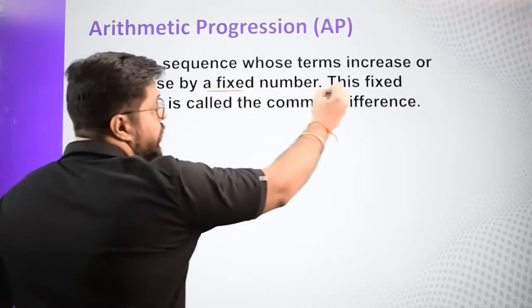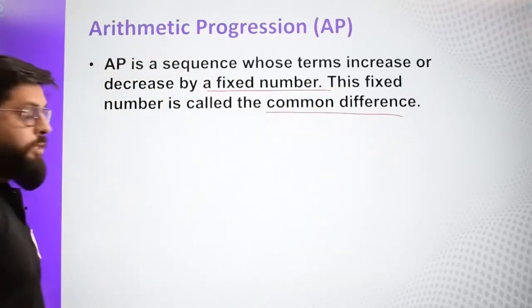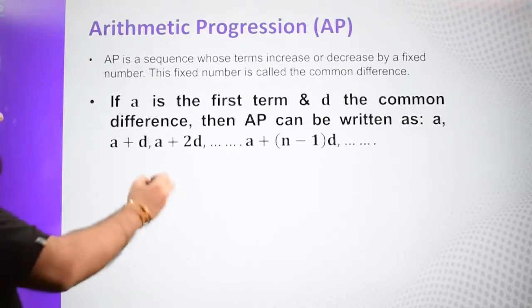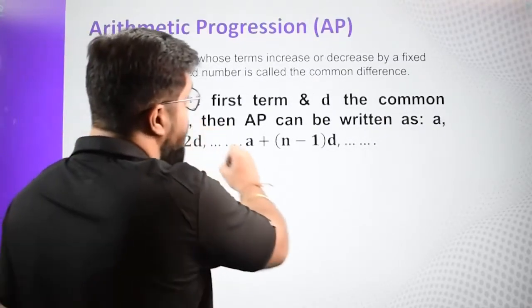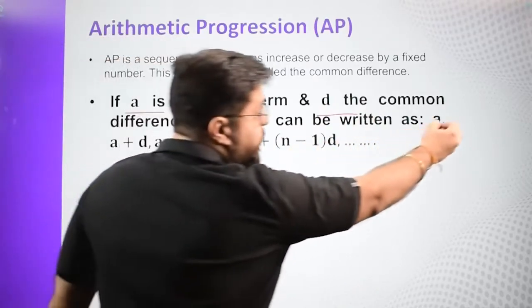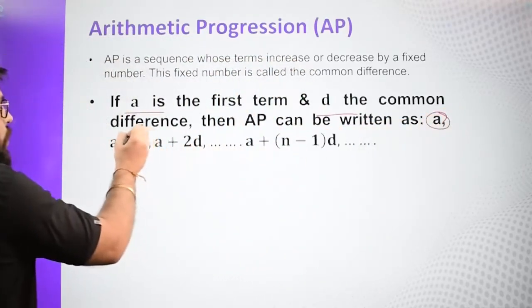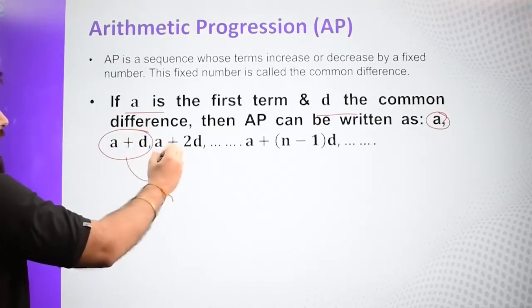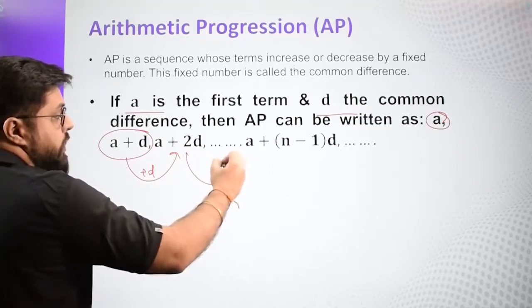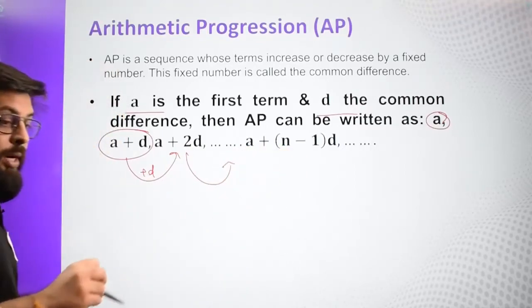That fixed number is called our common difference. Similarly, we have seen that if A is the first term and D is the common difference, then the next is obtained by adding D to the first term, and the next is obtained by adding D to the second term, and similarly we can calculate the nth term.